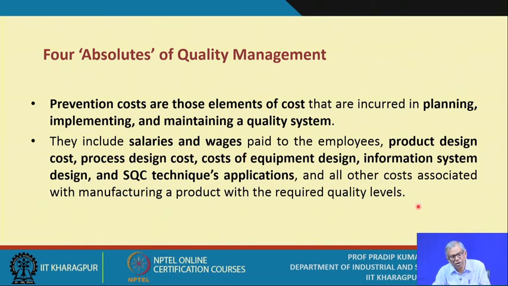So you should be aware of all these cost elements at a particular point in time, and you also should be aware of what are the most relevant or most significant cost elements.